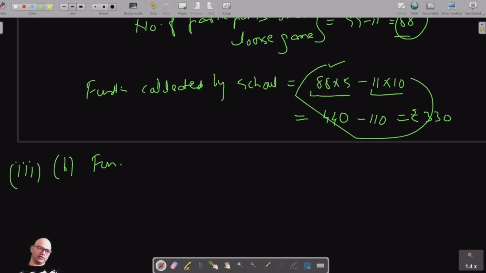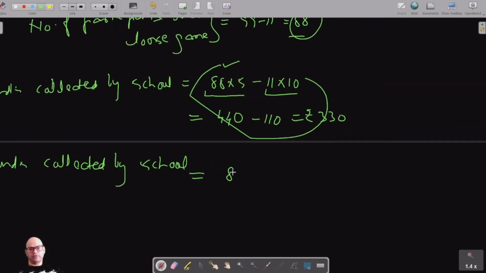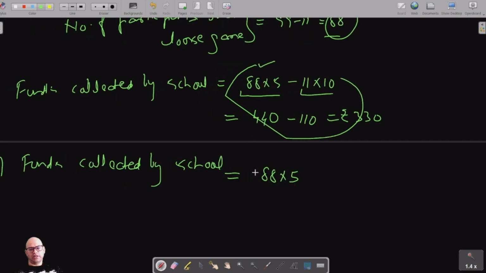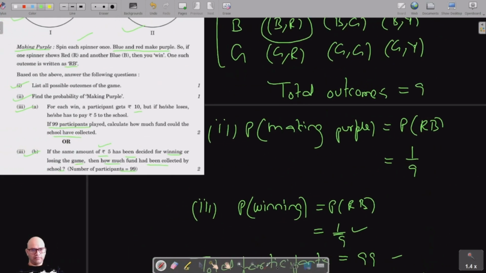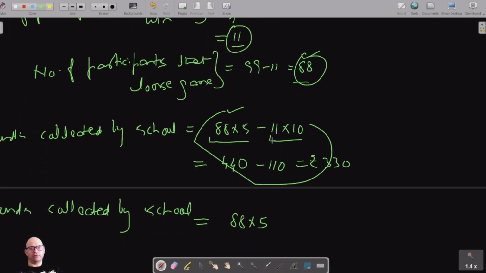So now the funds collected by the school is equal to, it's given that amount 5 has been decided for winning or losing. So it's the same amount for winning and losing.